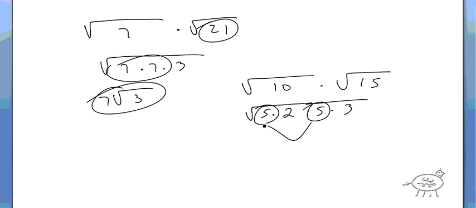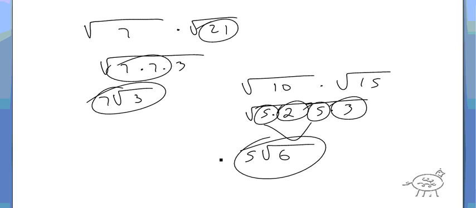And remember, again, a pair of 5s is the same thing as saying the square root of 25, which is just 5. So a mistake that people sometimes make is they pull out a 25. You're taking a 25 out of the radical, but it turns into a 5 because the square root of 25 is 5. Okay, so you're going to have 5 on the outside, and then what's left over? 2 times 3, which is 6, and that's your answer, 5 root 6.